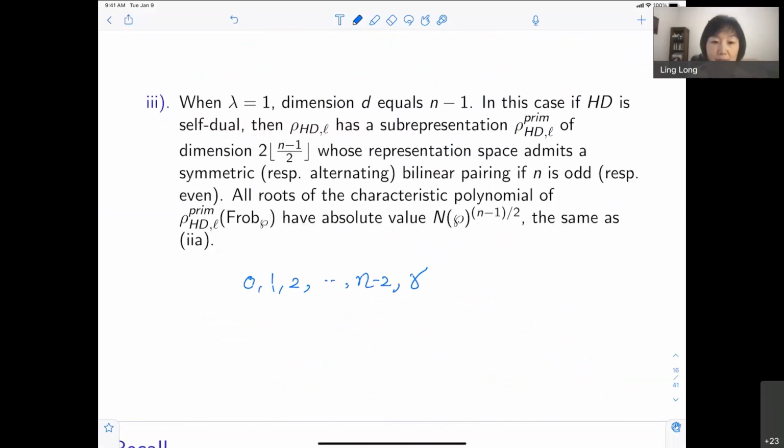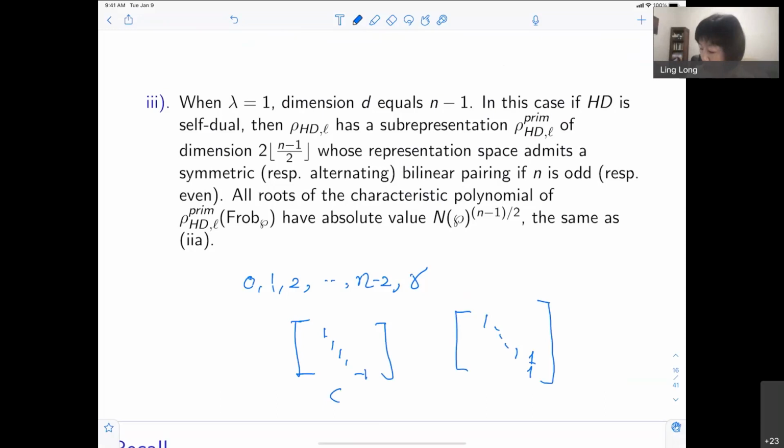All right. So in this case, if you compute the corresponding Jordan block, it will look like 1, 1, 1, a bunch of ones. And then the last one is either minus 1 or the last one is going to be 1, and then there is 1 over here. So there are two situations, depending on C being minus 1 or C being 1.